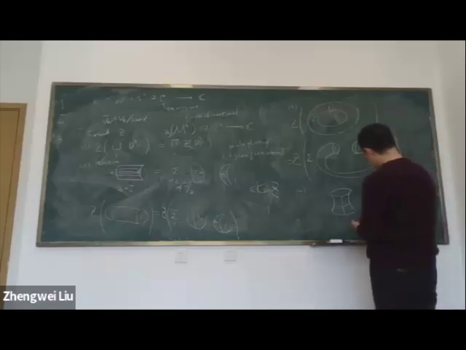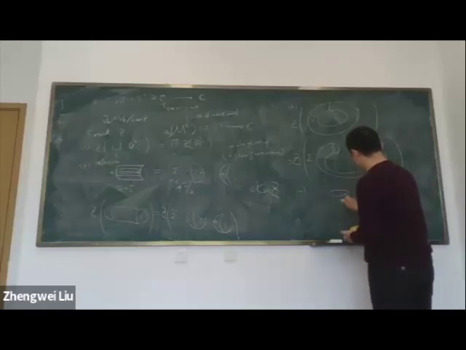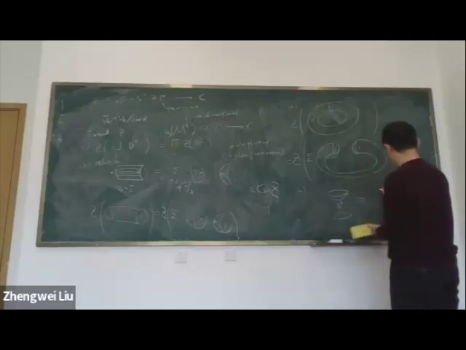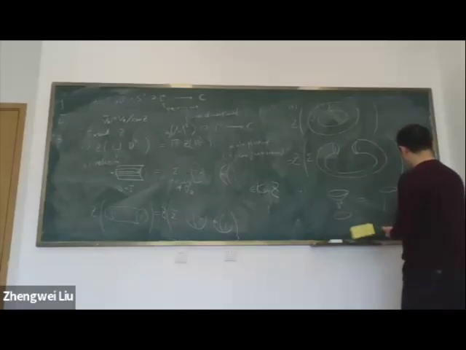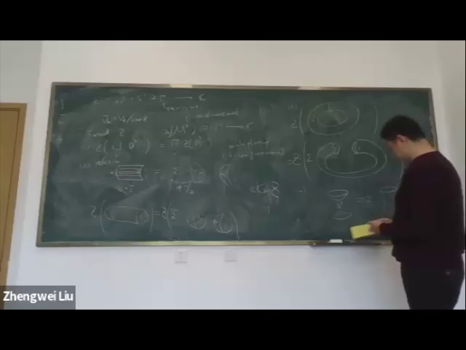And we want to rewrite this as, so this is, we have B color inside.